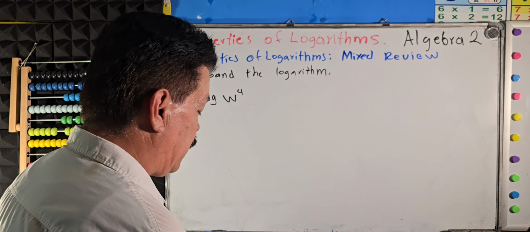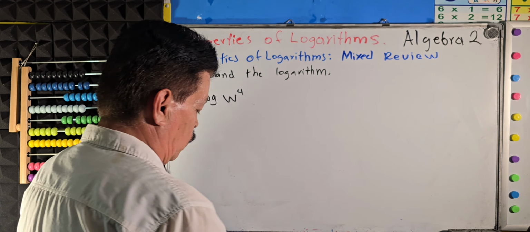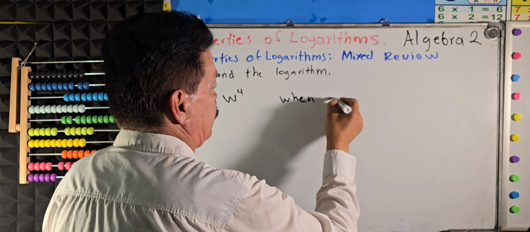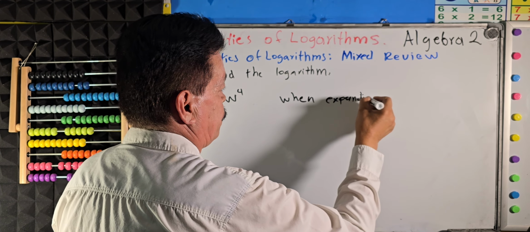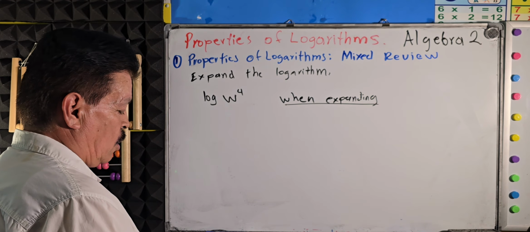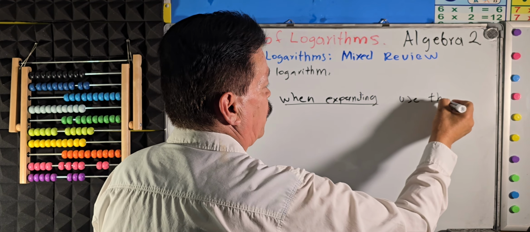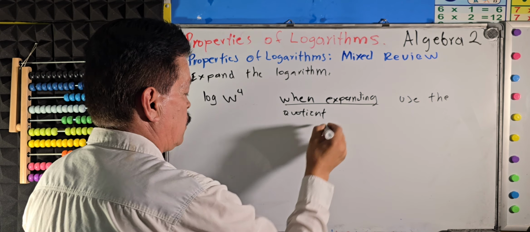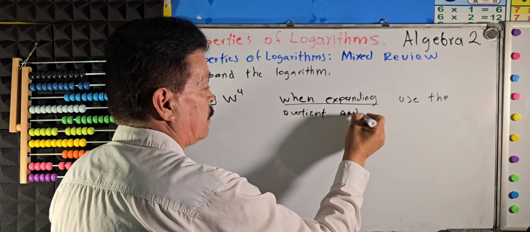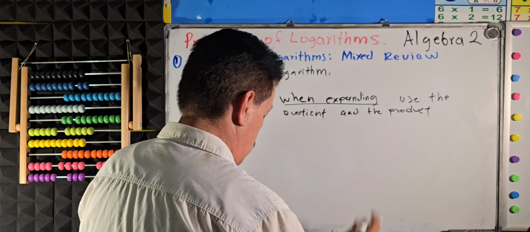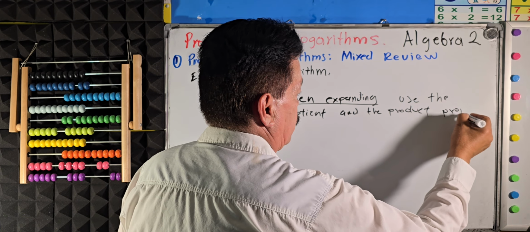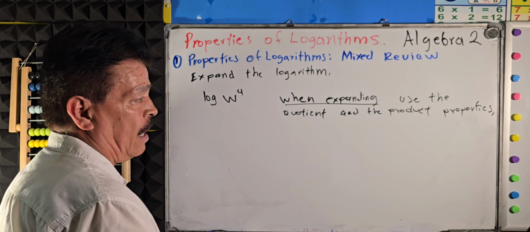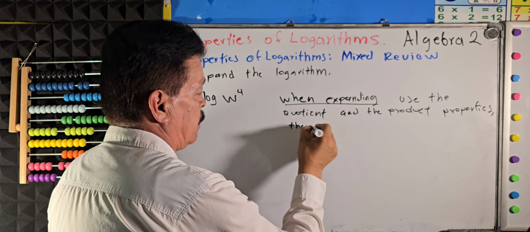When expanding, use the quotient and the product properties, and then after that, the power property.